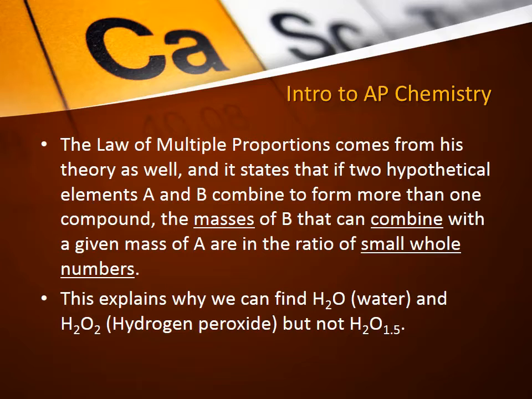And actually, you could probably even find H2O3, but not H2O1.5. We need whole numbers, and they're going to be some kind of multiple of either 1 or 2, and not much bigger. They'll all be kind of similarly related to each other.